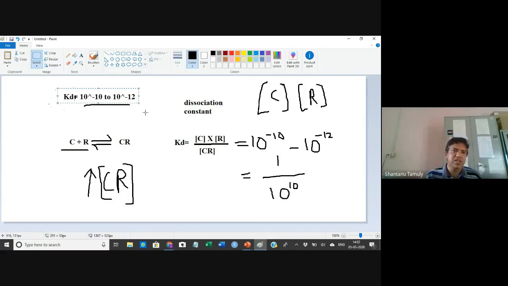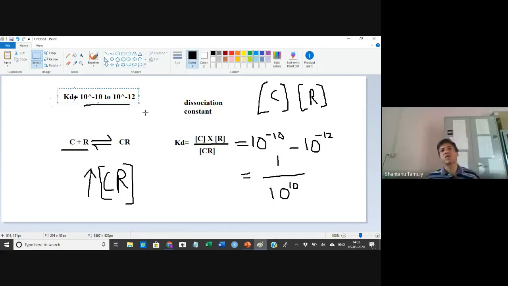This means the affinity of cytokines to the receptors is very high. That means a small amount of cytokines can show their effect. When you have a very low KD value, the cytokine has high affinity for the receptor, and small amounts of cytokine are sufficient to show its activity.